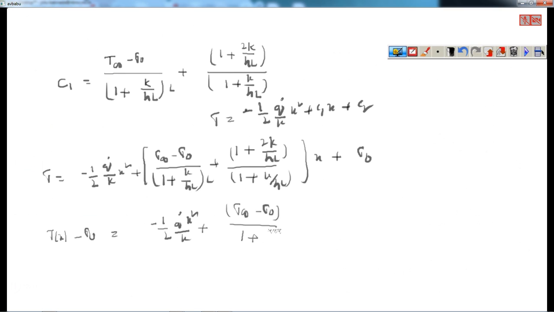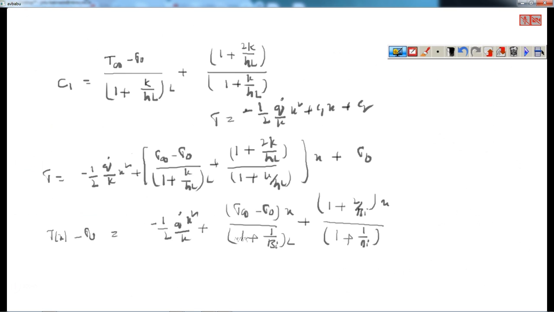And again k by hL is equals to 1 by Biot number, 1 by Biot number into L. This is x is there, plus 1 plus hL by k is Biot number, means 2 by Biot number into x divided by 1, this is also hL by k, therefore 1 by Biot number.